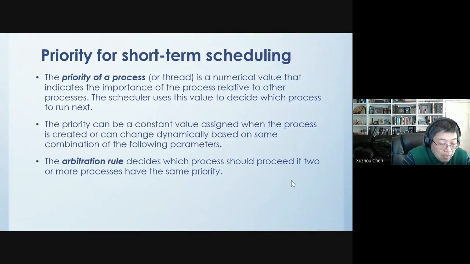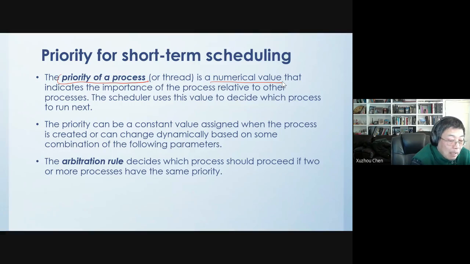So how is the scheduler going to allocate the processes? Mostly it's based on the priority of a process. Typically in any system, a process has a priority. The priority is just a numeric value that indicates how important this particular process is.